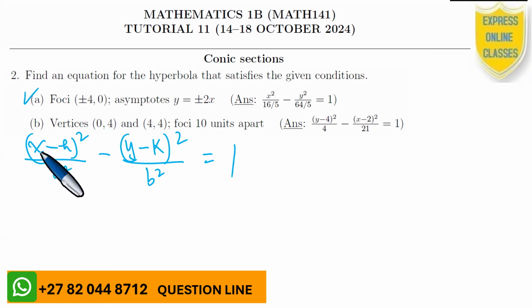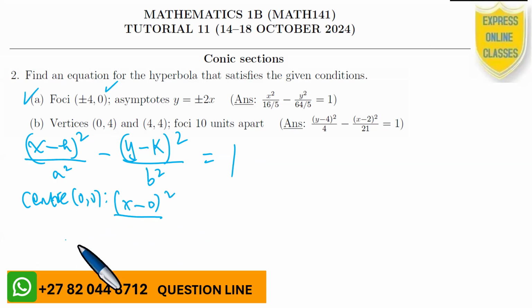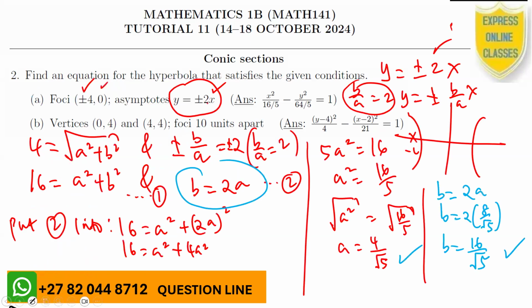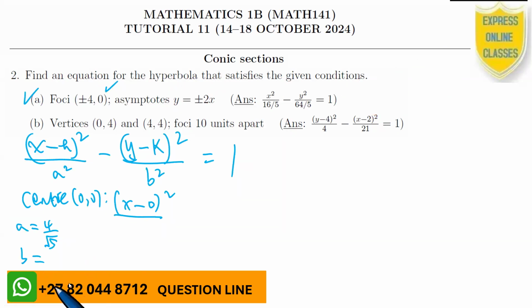Okay, in this case of the hyperbola, a is always associated with a positive term. But we've already seen that the center is the origin, so it's going to be 0. But what is the a? It's 4 over the square root of 5. b is 16 over the square root of 5.